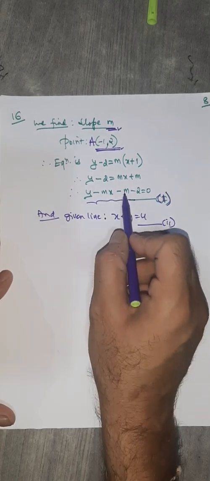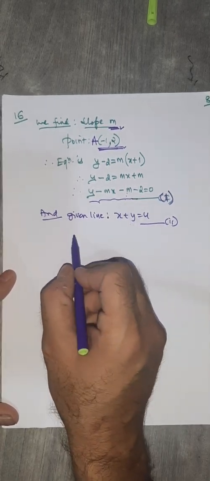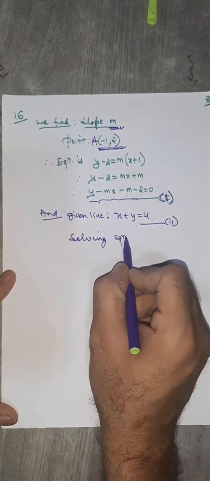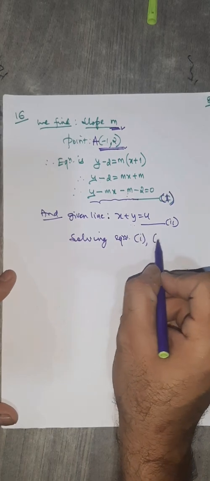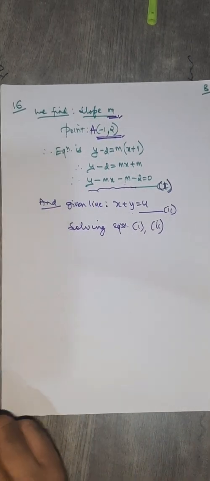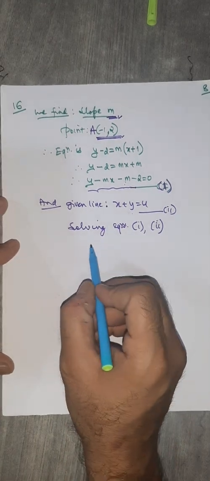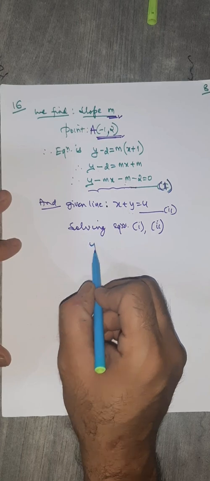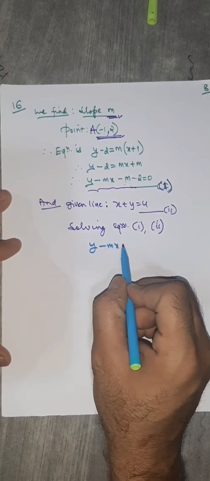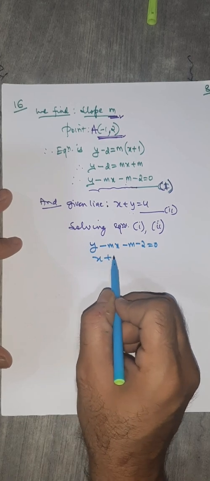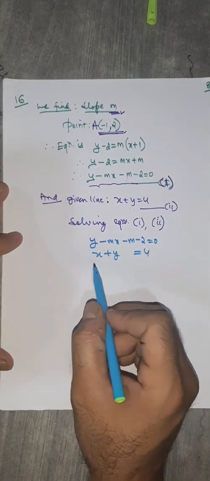Now you want the point of intersection of these two, so solving equations 1 and 2. We just solve these two equations. You can use the elimination method. So here, y minus mx minus m minus 2 equals 0, and this is x plus y equals 4.